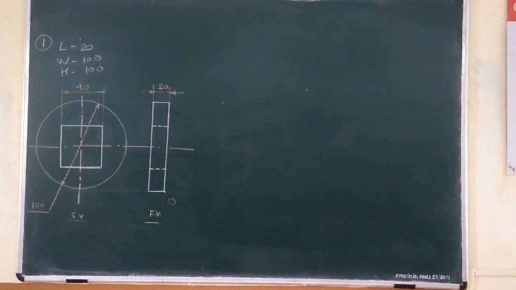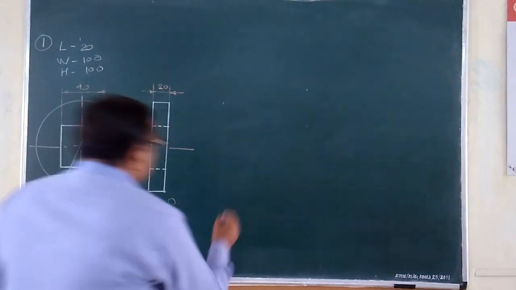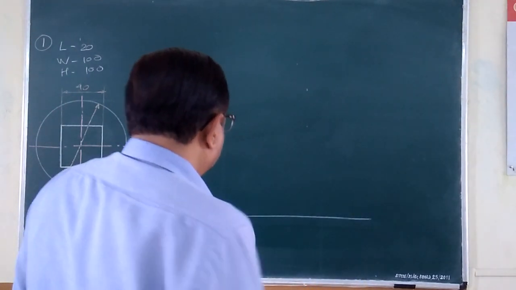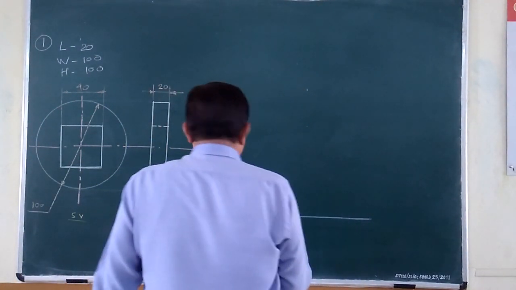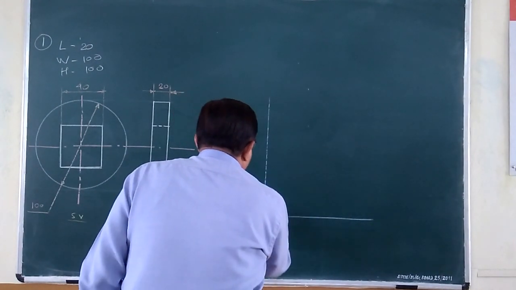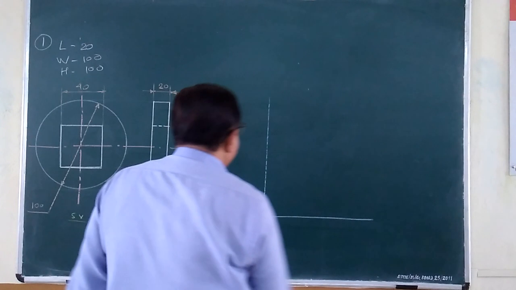So let us start by constructing its basic infrastructural requirement, that is the horizontal line. After that, the vertical line, origin is here.